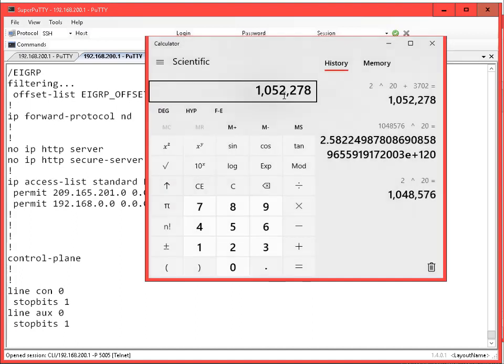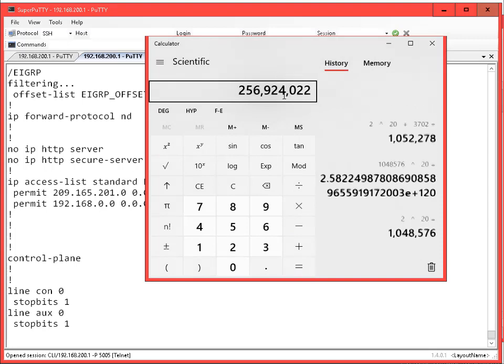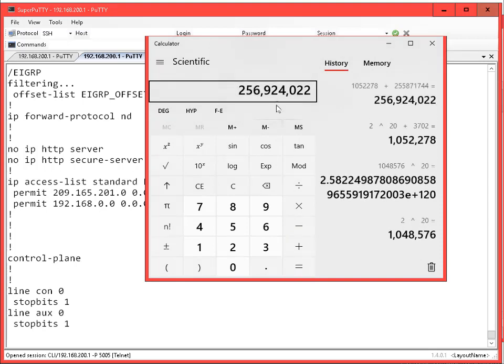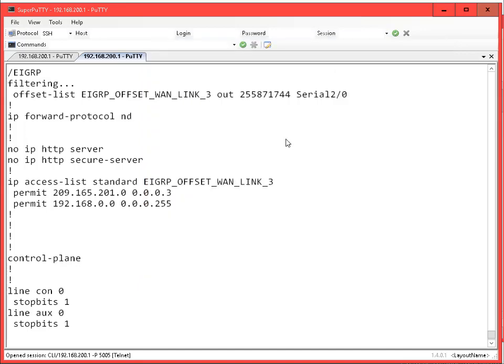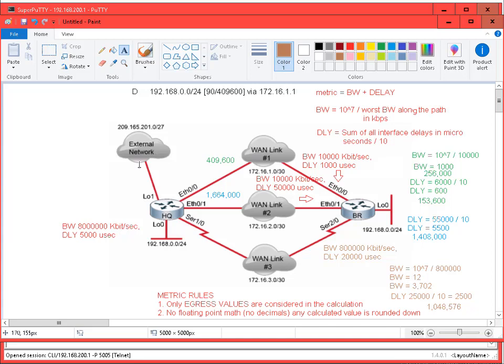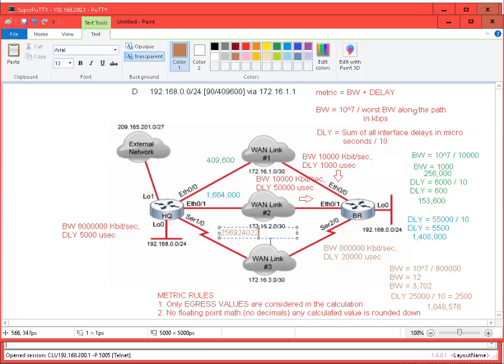I don't know if this is going to work or not, but we'll see. And that becomes the metric. So we basically just negate whatever's coming from the neighbor, and that becomes the metric for that path. We'll go ahead and put that in, and then we'll verify it.